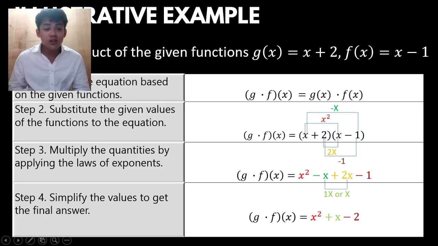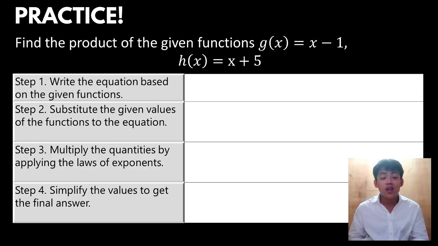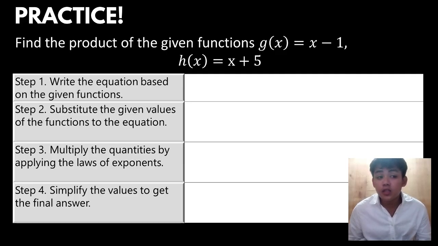That's good to hear. Now, to apply it again, let's have another example to be answered by class number 20. We have here the given function g of x, which is equal to x minus 1, then h of x, which is equal to x plus 5.